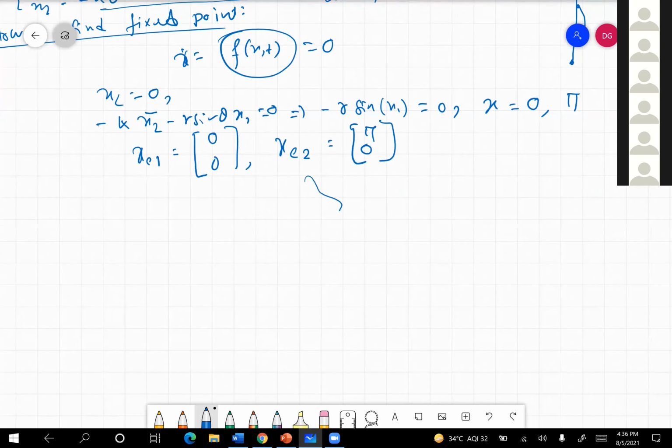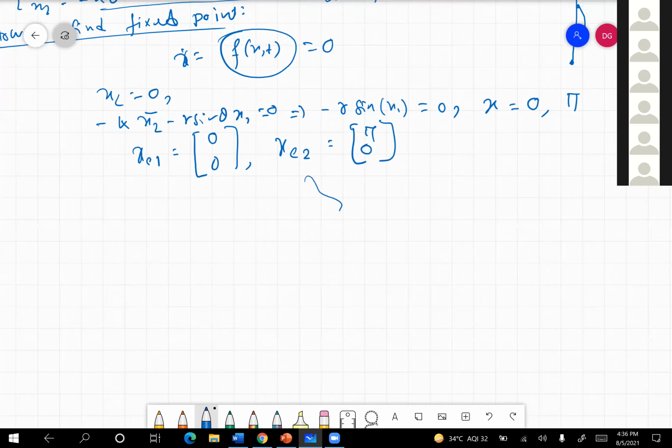What I'll do is, delta x from x is the region at which the system looks like a linear system, and the system can be written in linear form as x dot equal to Ax.